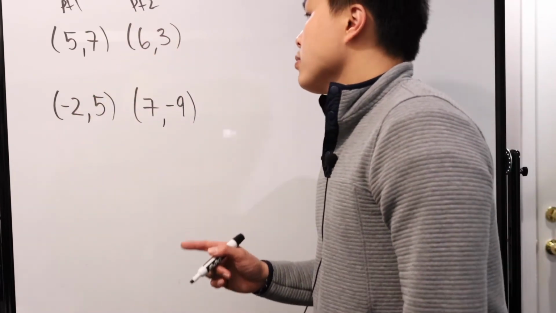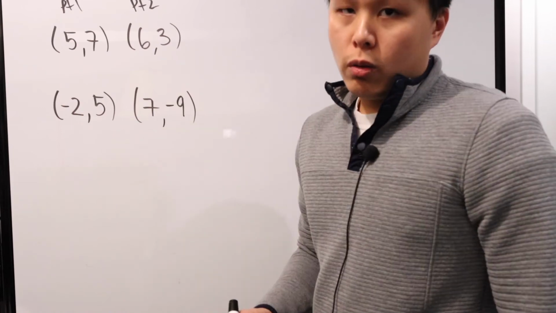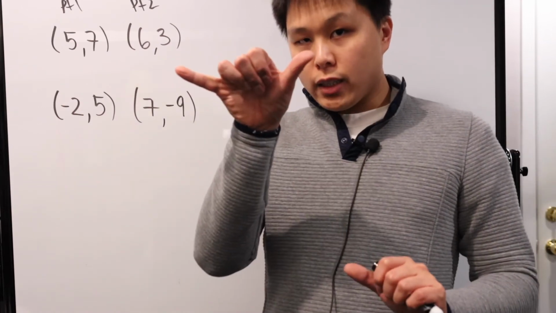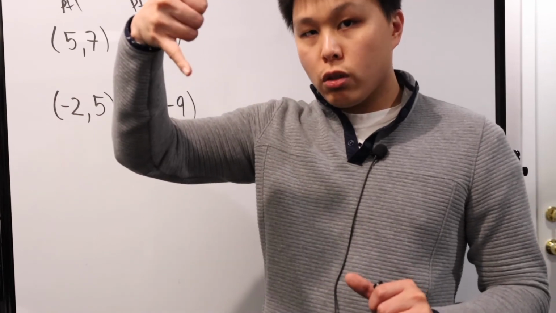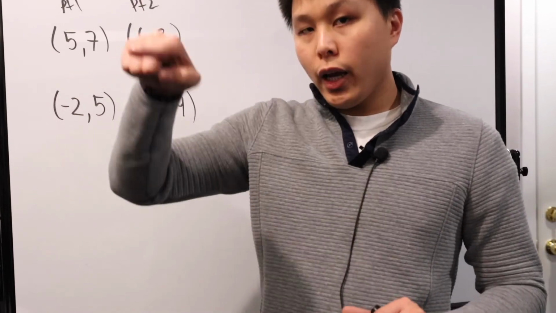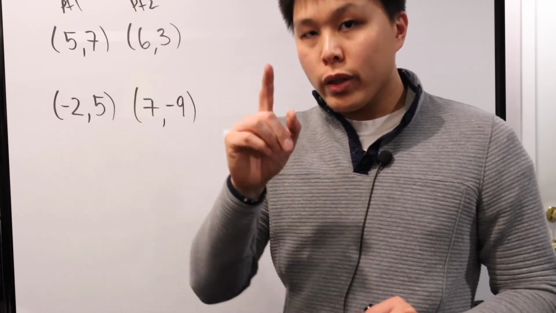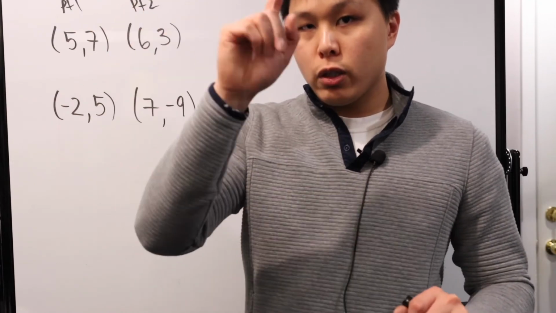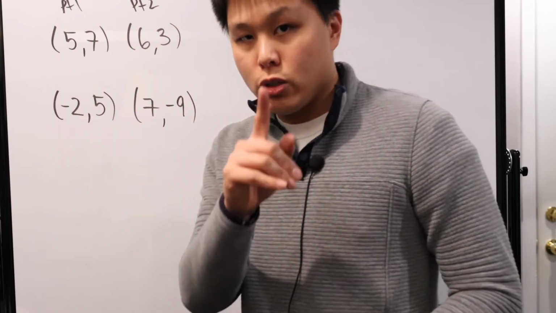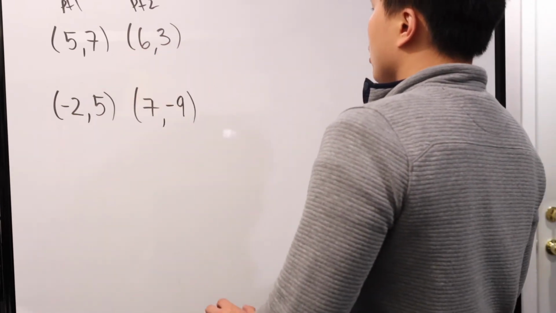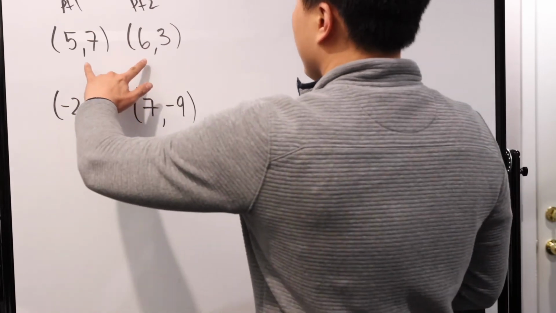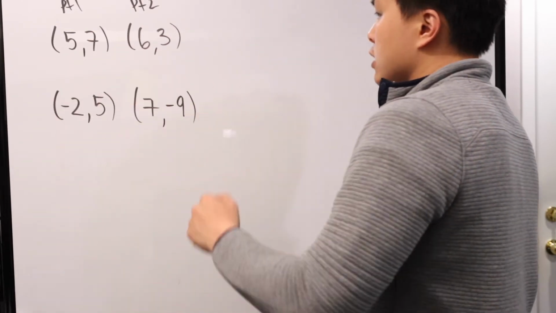Now, here's the thing. Remember what we're doing. Once again, we want to find the length of the x, which is the horizontal, and the length of the y coordinates, which is the vertical, and then it creates a right triangle. And with that right triangle, we know that a squared plus b squared equals c squared. And in this case, our c squared is our distance, right? So let's look at this. Well, we don't know the formula, but we know that we need to find the distance of the x and the distance of the y.